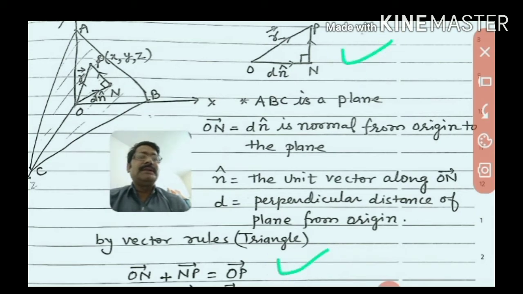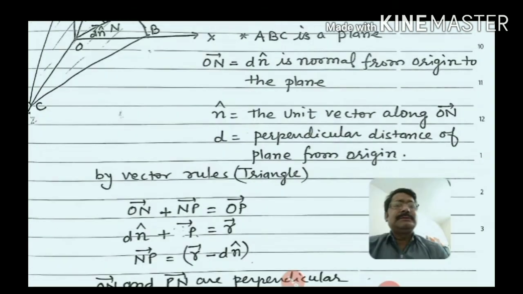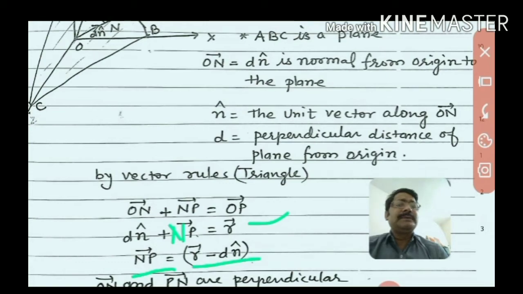This is by the triangle rule. ON is here d n cap vector. NP we have to find. OP vector is the r vector. Now NP will be equal to r minus d n cap.